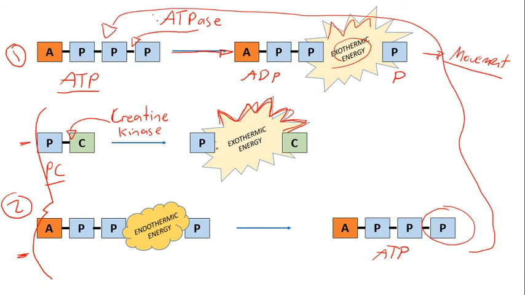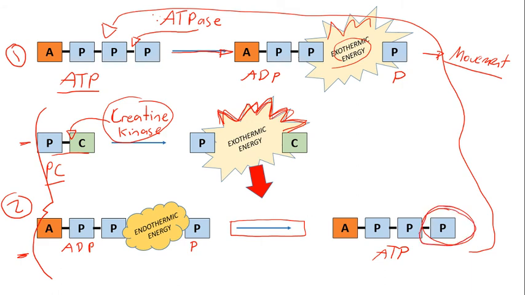So the main reason why creatine kinase is breaking down phosphocreatine is to release energy which can supply this chemical process here. We have ADP and a spare phosphate molecule floating around. It reuses the energy released from breaking down phosphocreatine to reattach that third phosphate molecule to give us ATP, and we're allowed to continue this process again.